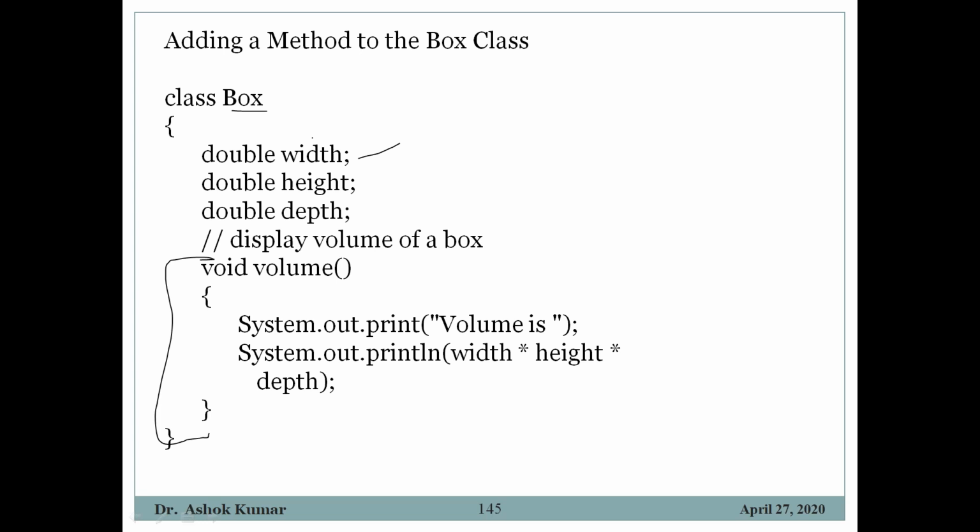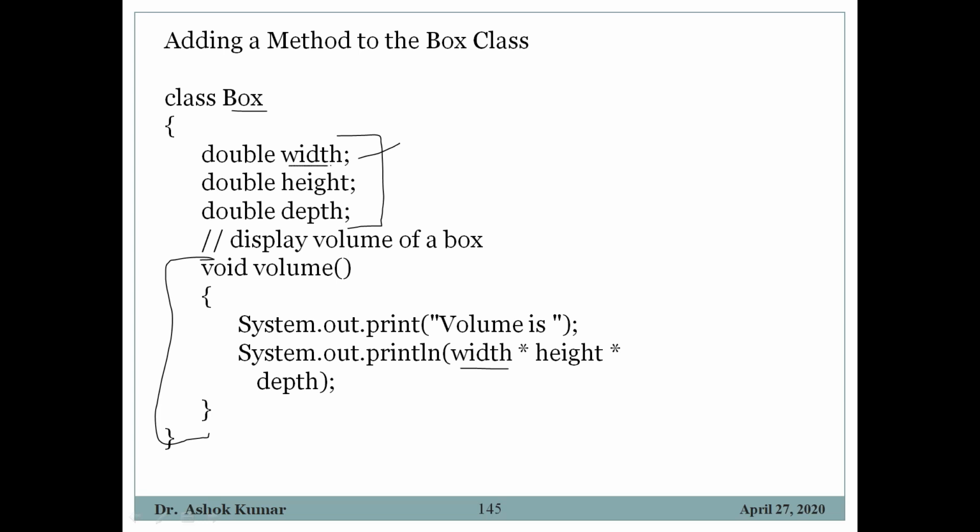These are all called members of the class. So this volume method can access the variable members of the class. These are the variable members of the class, and they can be directly accessed in the method. Here I'm using width directly, which is a member of the class.